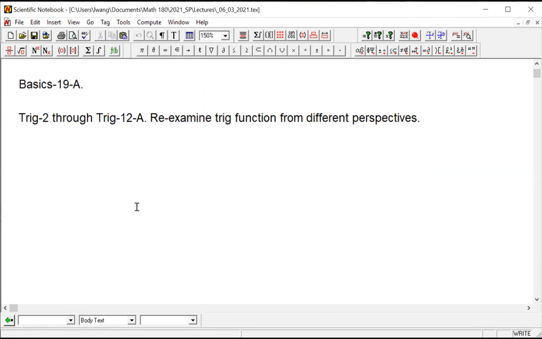All right, so that's trigonometry, a big block. We spend a lot of time. And the next big one is logarithm and exponential.